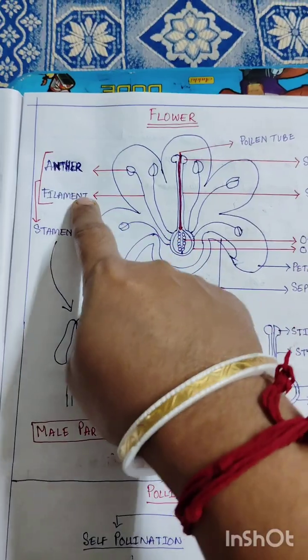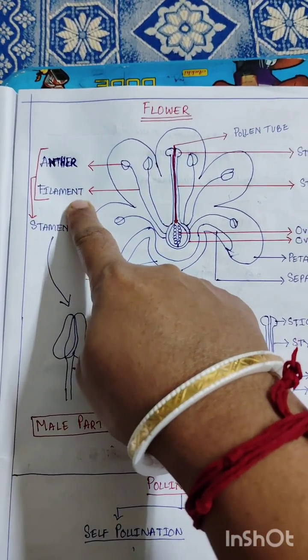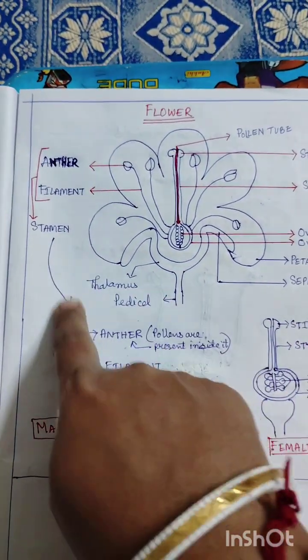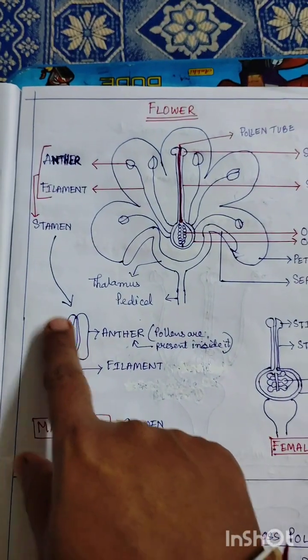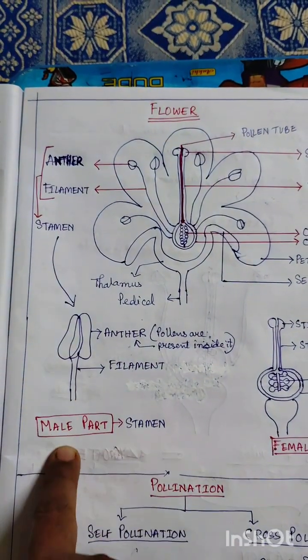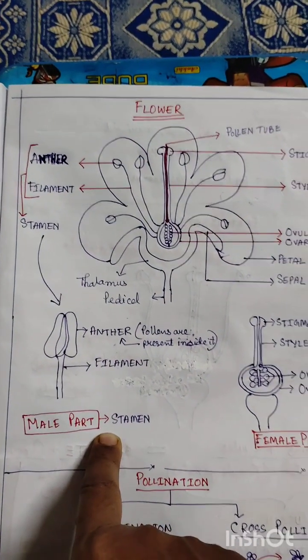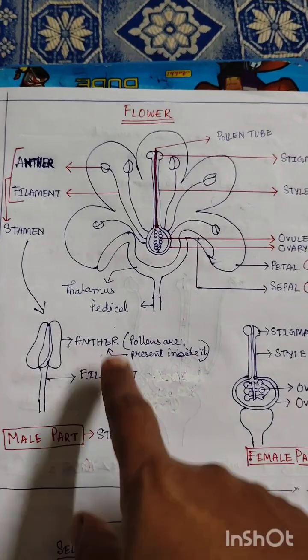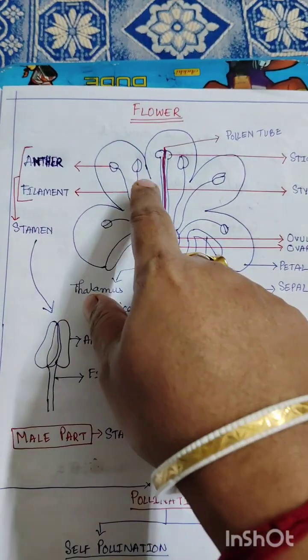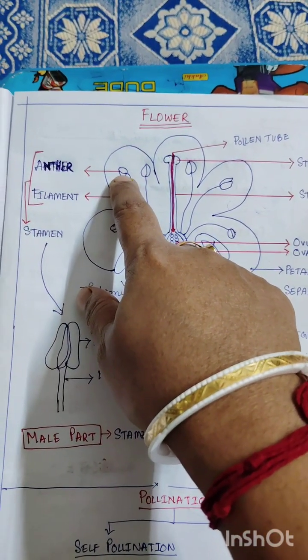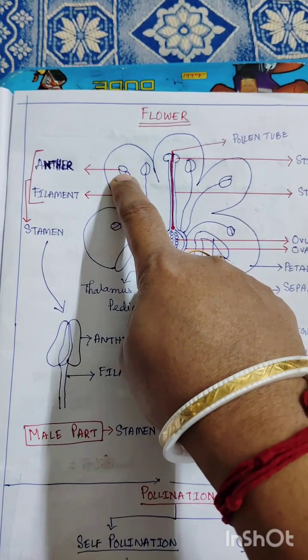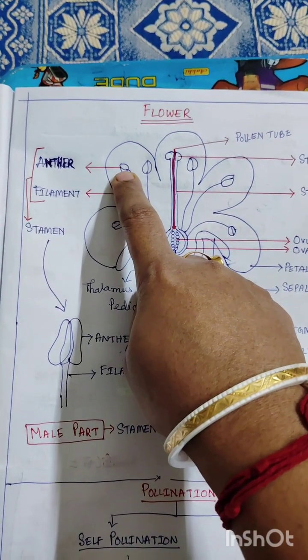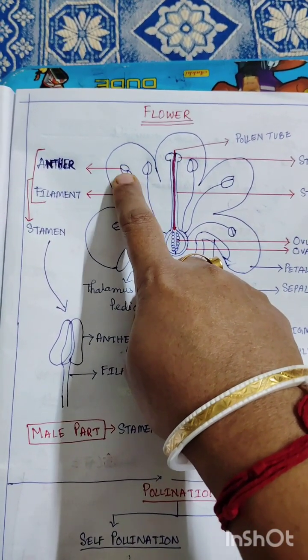And both anther and filament together are known as stamen. Okay, and this stamen is the male part of the flower. This is the anther. This small round shaped structure, this is the anther. This anther contains the pollen grains inside it.